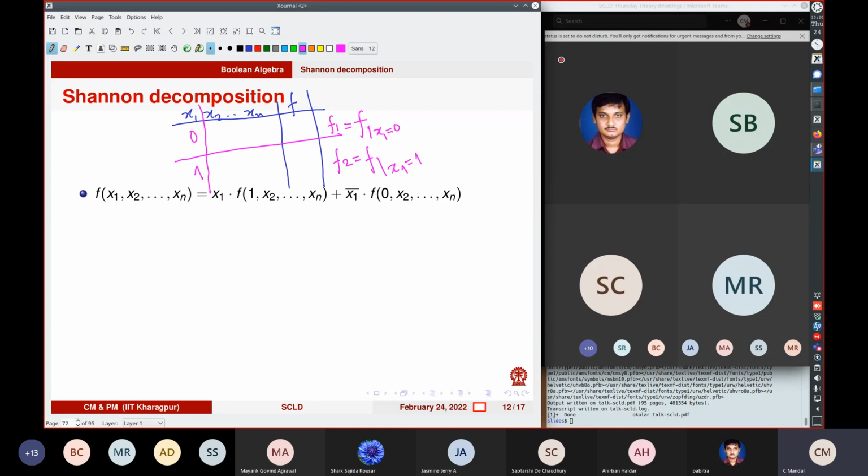So this is f restricted to 0 and this one is f restricted to 1. That is what we are saying here.